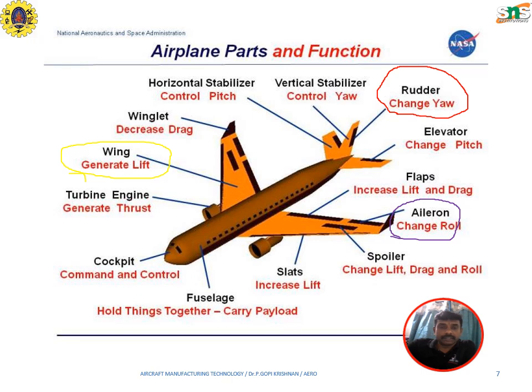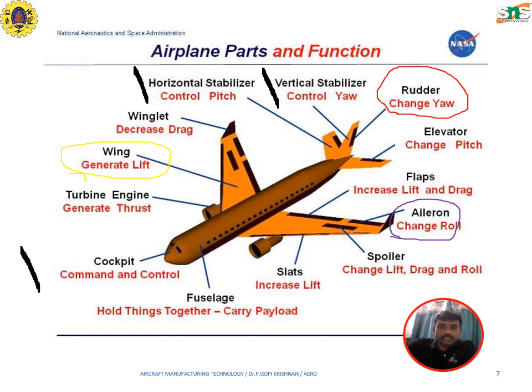And the horizontal stabilizer and vertical stabilizer are there. They are used for controlling the pitch and the yaw. And the front portion is called the cockpit, where the pilot will be seated. And this is the section for the command and control.